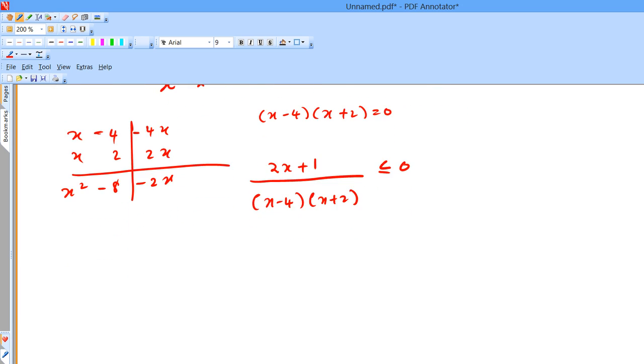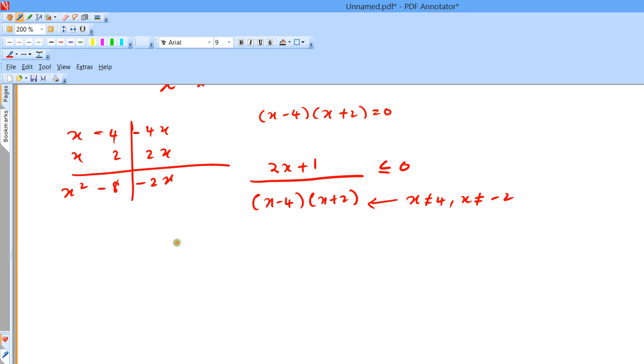From this rational inequality, the denominator tells us x must not equal 4 and x must not equal -2. So you need to remember that for critical values at 4 and -2, we cannot use a close bracket for these two values.